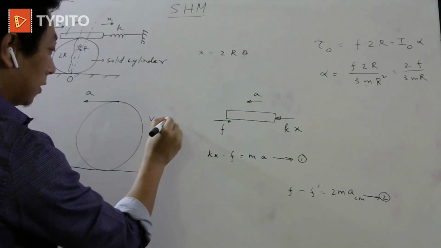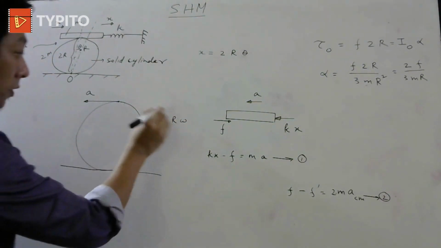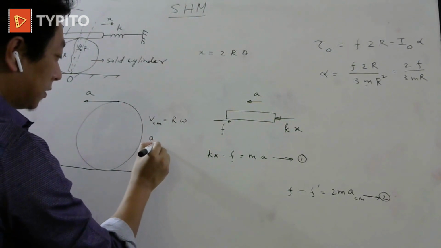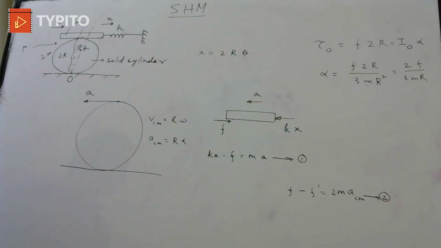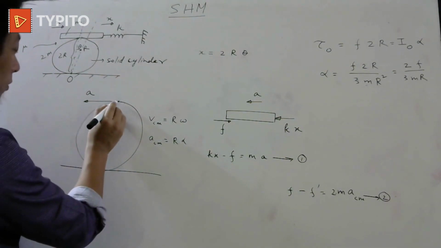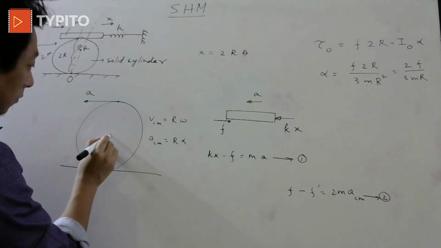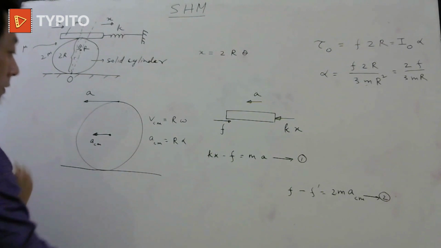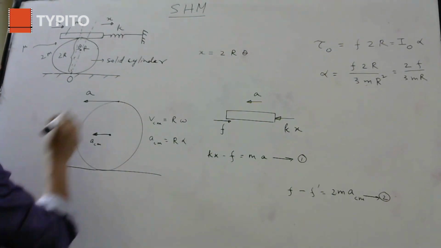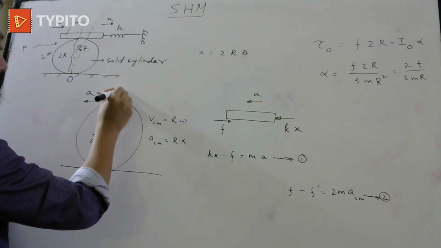VCM equals R omega. If you take the differentiation of this, you will get ACM equals R alpha. Right? Now, the acceleration of this point in terms of this, how can we write? Let us say this has acceleration ACM. Then what acceleration will this have? ACM plus R alpha.